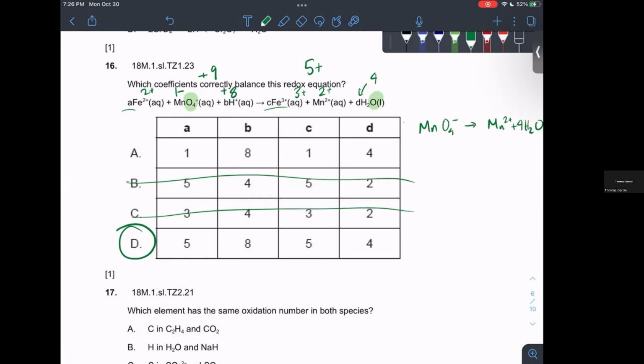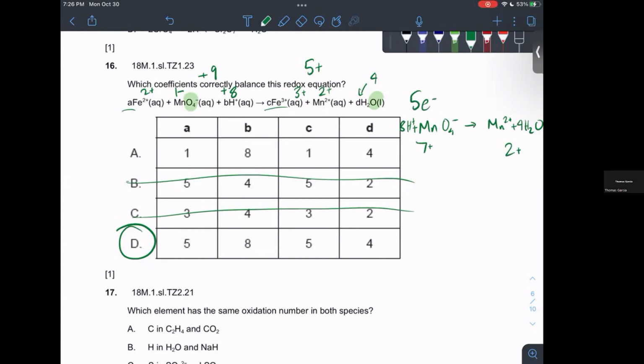Therefore, I have to add 8H plus. That's fine. We know our coefficients for H plus and H2O are 8 and 4 respectively. So that's totally chill. But we have to then look at the charge and realize that we actually create this discrepancy in charges where we have a 7 plus charge here and a 2 plus charge here, meaning that we have to add 5 electrons to the left side.